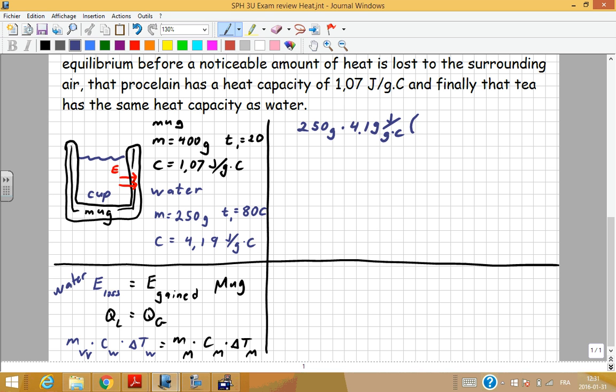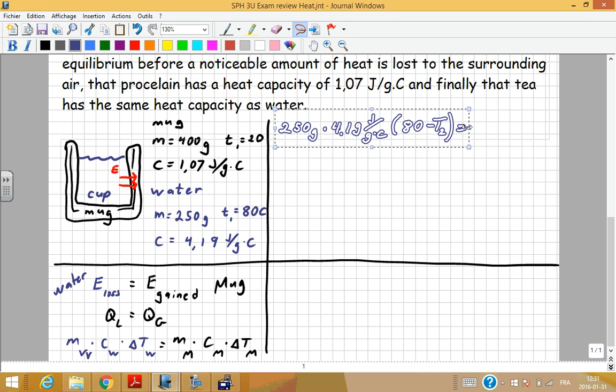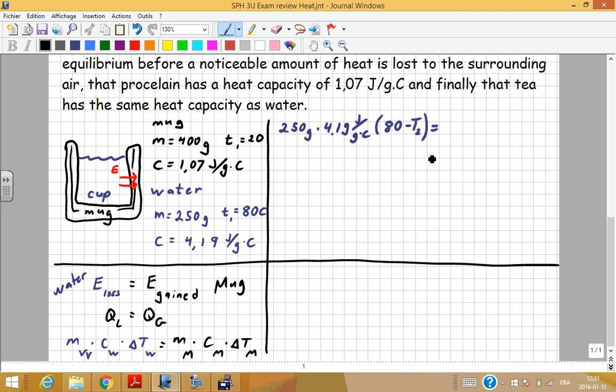I will use a positive value on both sides. We know that the water is cooling down, which means that its final temperature will be lower than its initial temperature. So it's going to be 80 minus T2. This is equal to, so I'll have to skip to a second line to do the second part. Move this over a little bit. Okay, for the second part, we're now talking about the mug. So the mug weighs 400 grams.